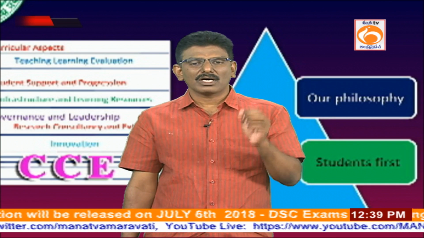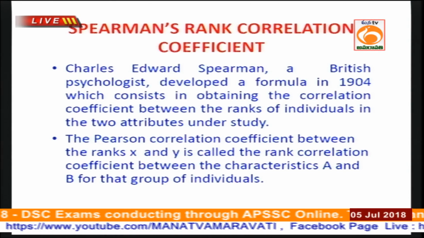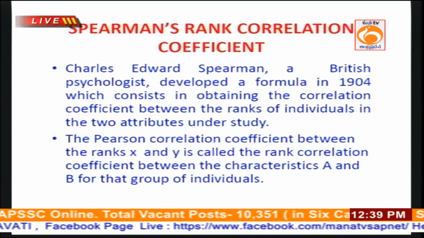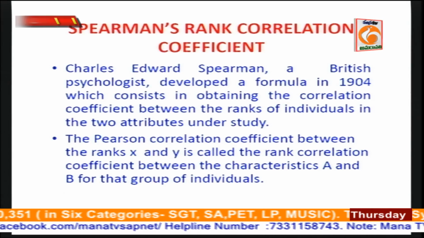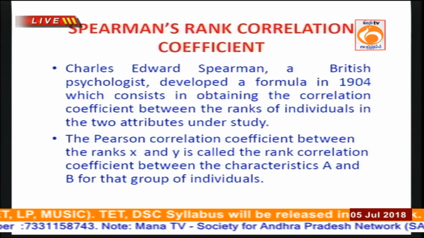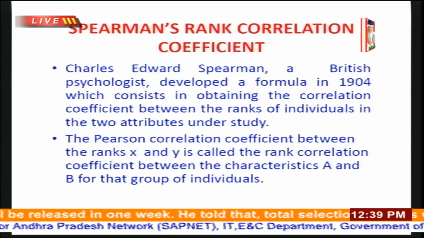In this case Charles Edward Spearman, a British psychologist, developed a formula in 1904 which consists in obtaining the correlation coefficient between the ranks of individuals in two attributes under study. In many research works we have to use this rank correlation technique.